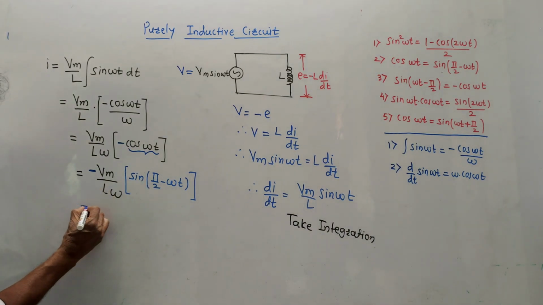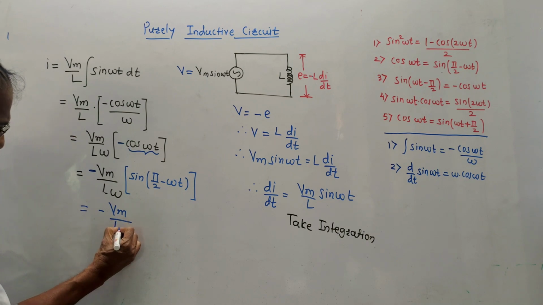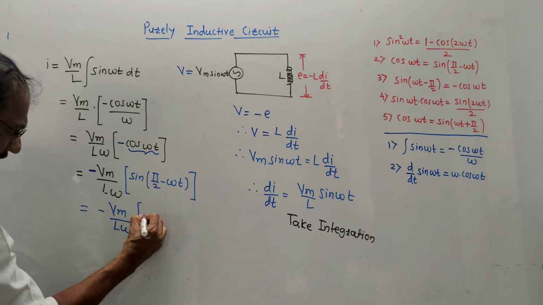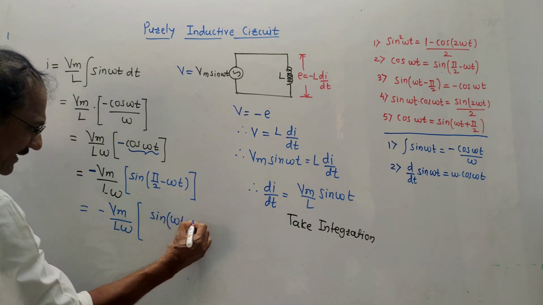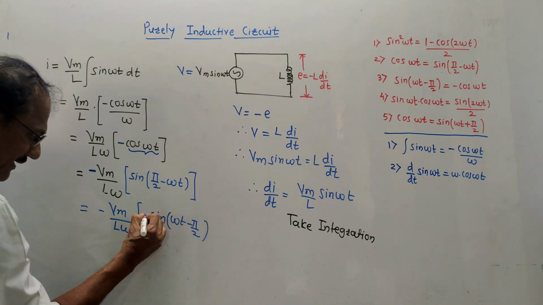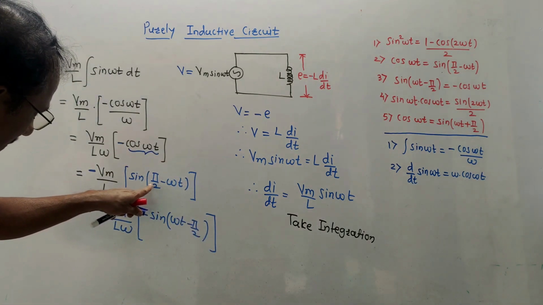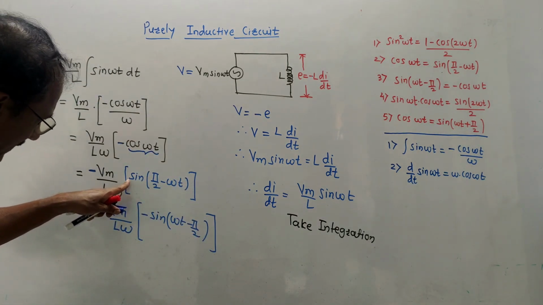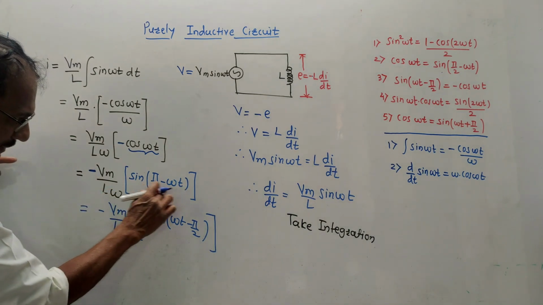So to manage this, I will rearrange the equation like this: minus Vm upon L omega, then sine of omega t minus pi by 2, and I will write a minus sign over here. What I did is multiply by minus 1 this sine term and this bracket term. So it becomes minus pi by 2 plus omega t.